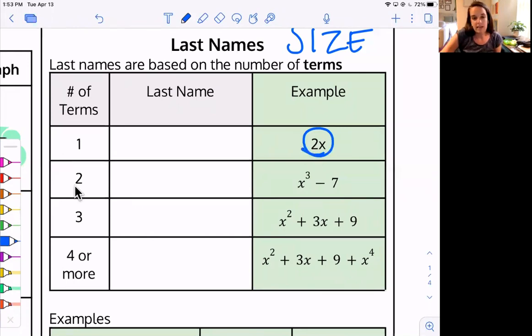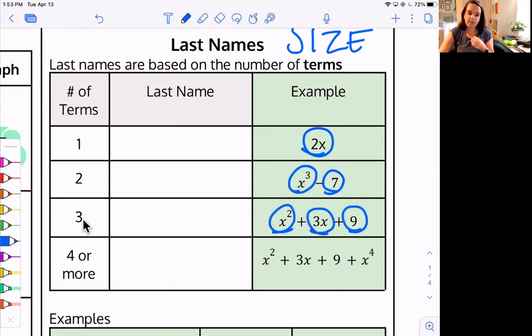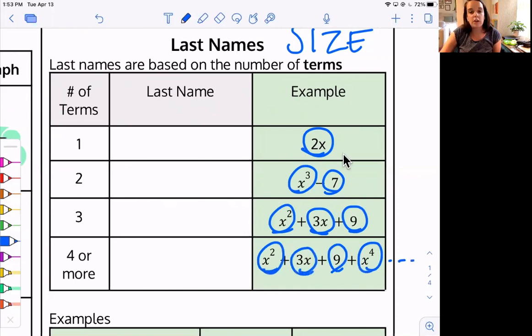In this one, there are 2 terms. This is 1 term and this is 1 term. It's how many things are being added or subtracted, right? Remember in our first one, we had 1, 2, 3, that's 3 terms. And then if we have 4 or more, it's like 1, 2, 3, 4, or even more if there were more. Okay. So if there's only 1 term, right?